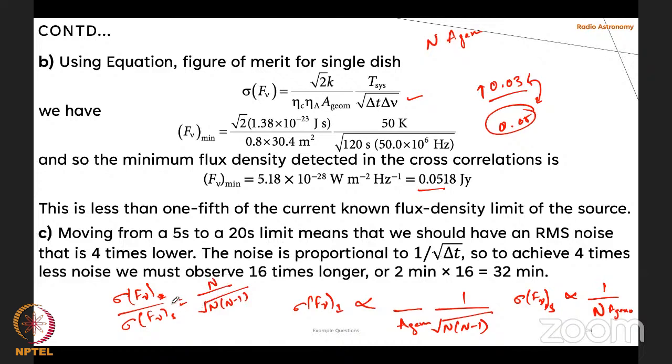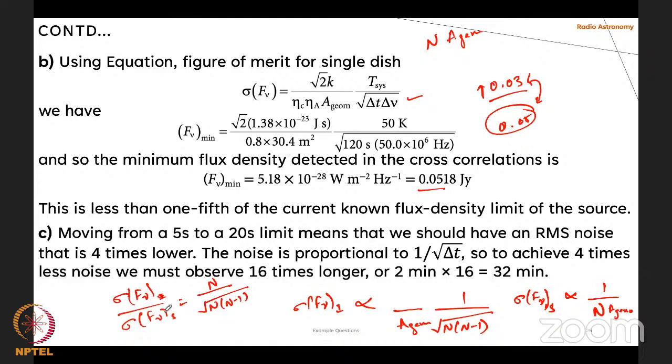Okay, so what does this represent? This represents that the sensitivity of the interferometer is almost equal to the sensitivity of a single dish having n times the area.